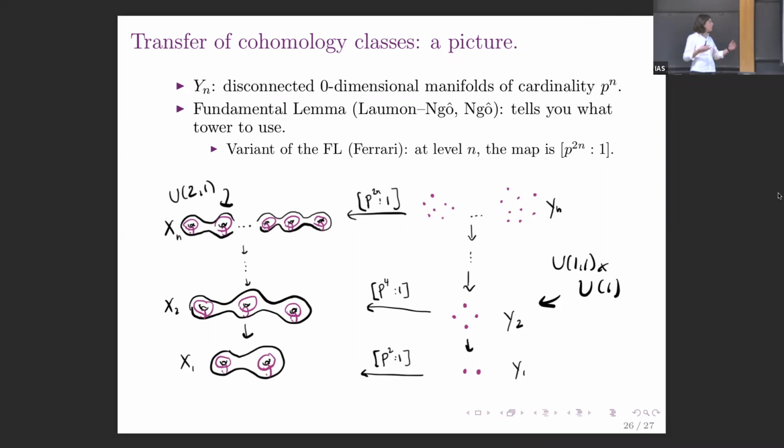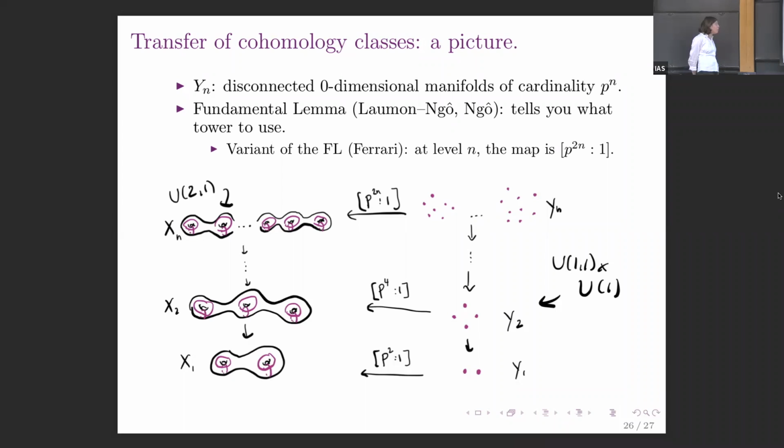I wanted to plug the fundamental lemma because it's a big result in the Langlands program, worth a Fields medal. When someone asks you what the fundamental lemma is, the fundamental lemma in this case tells you what tower to go up. It tells you that if you're going to go up the p power tower in U21, you should also go up the p power tower in U11 cross U1, to constrain the primes along which you can go up the tower.